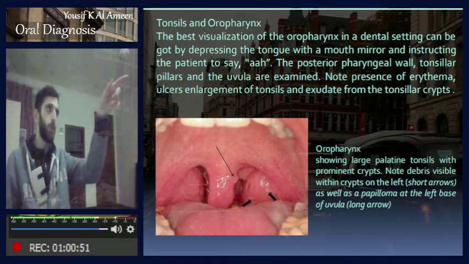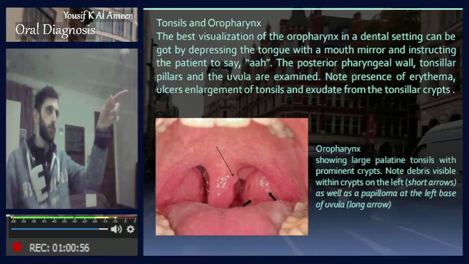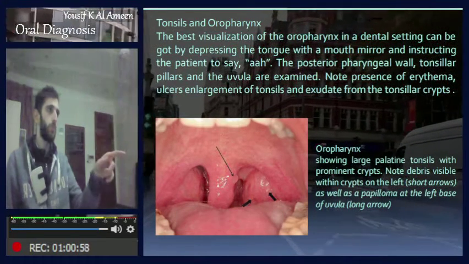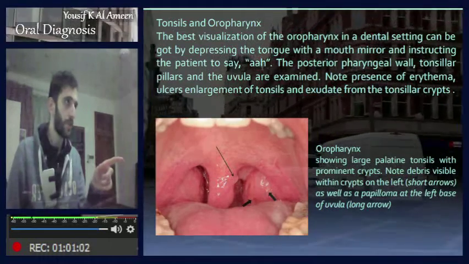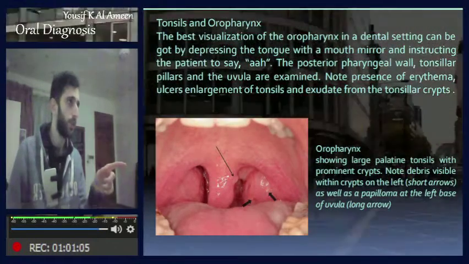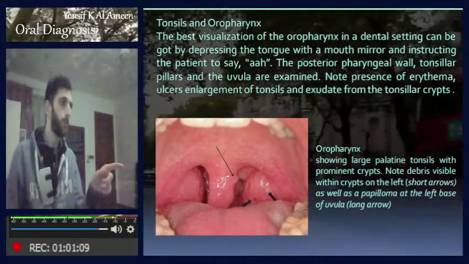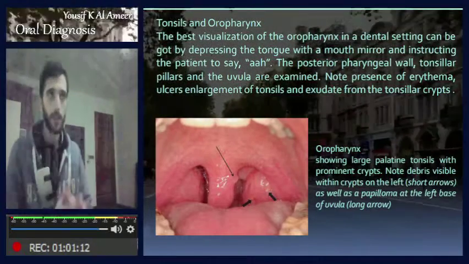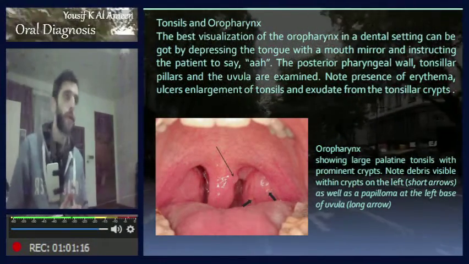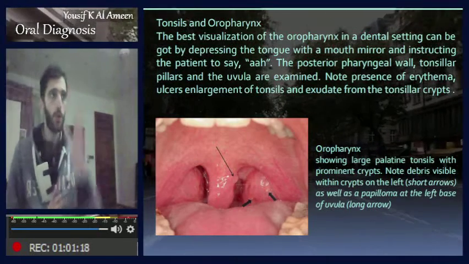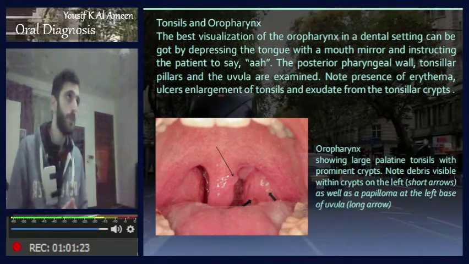The posterior pharyngeal wall, tonsillar pillars, and uvula are examined. Note the presence of erythema, enlargement of the tonsils, and exudate from the tonsillar crypts. Oropharynx showing large palatine tonsil with prominent debris visible on the left, short arrows, as well as the papilloma on the left base of the uvula. Basically we have crypts, we have a tonsil, and near it a papilloma. Crypts, papilloma, crypts, and uvula, showing the debris.